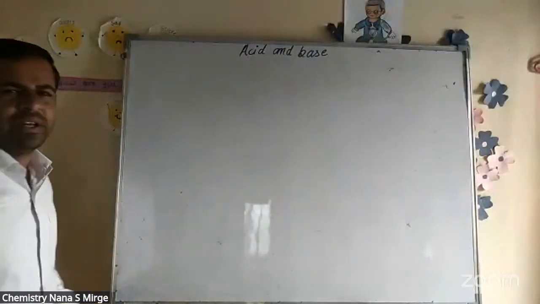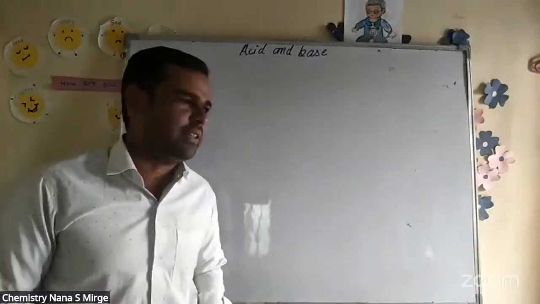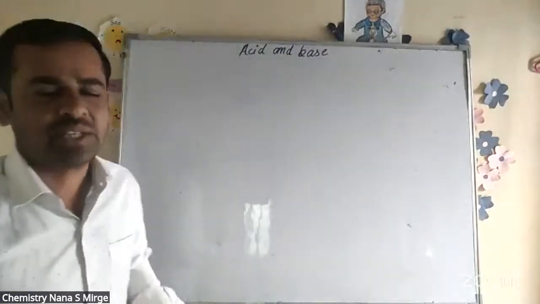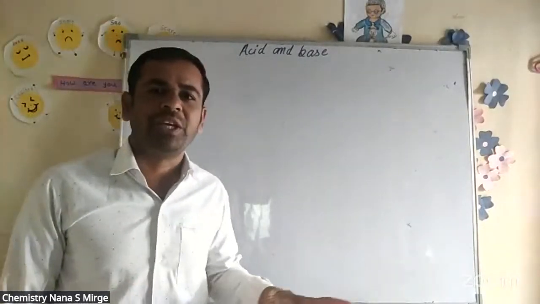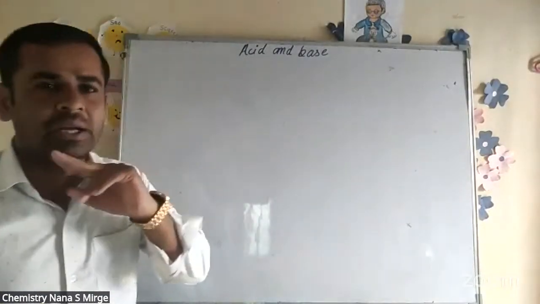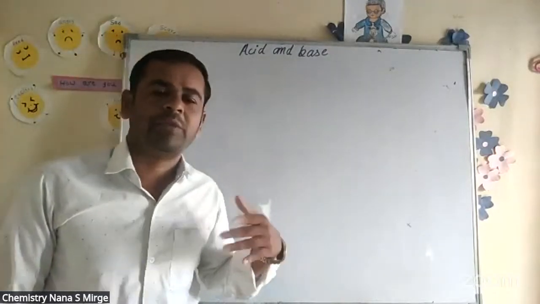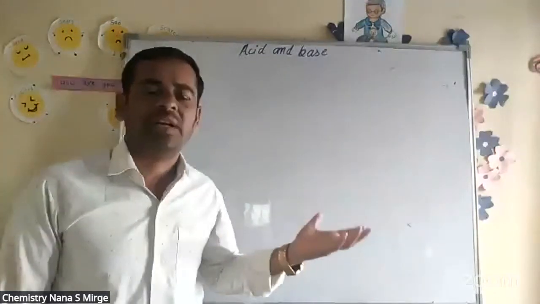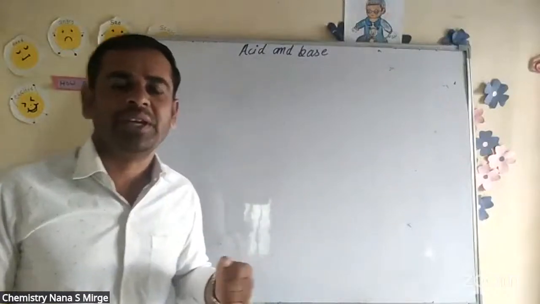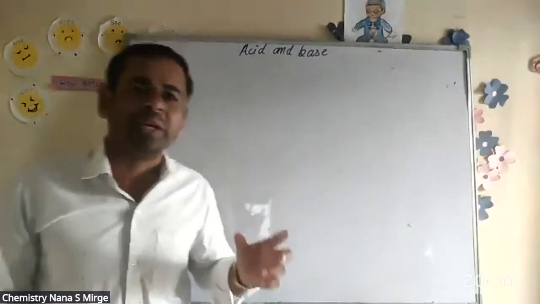So you learned in ninth and 10th that acid has a sour taste. Also, with pH paper, the litmus paper shows red color in acid and blue color in base. So that is a preliminary definition.